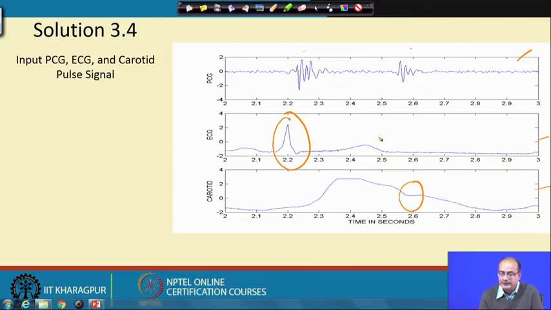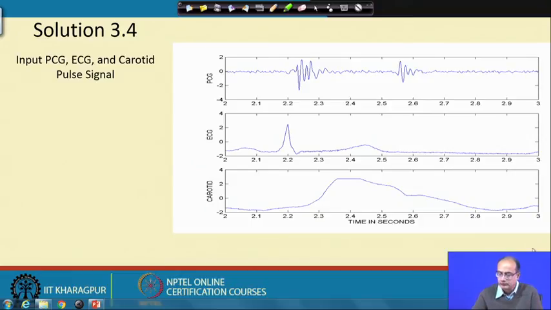That gives rise to a small dip in the carotid pulse signal, that is the pressure at the carotid pulse, and at that time also there is some turbulence because of the change of pressure, and that reflects as the second wave, or S2 wave.